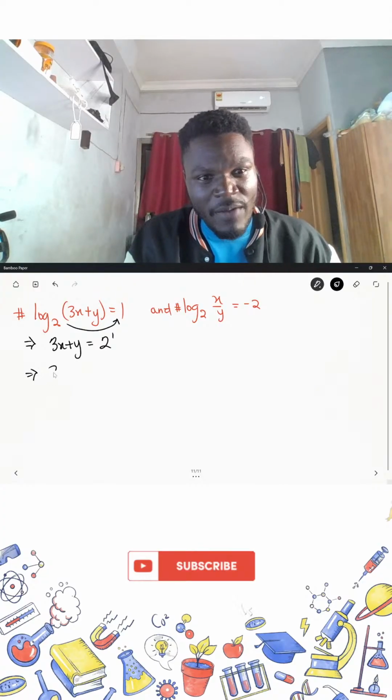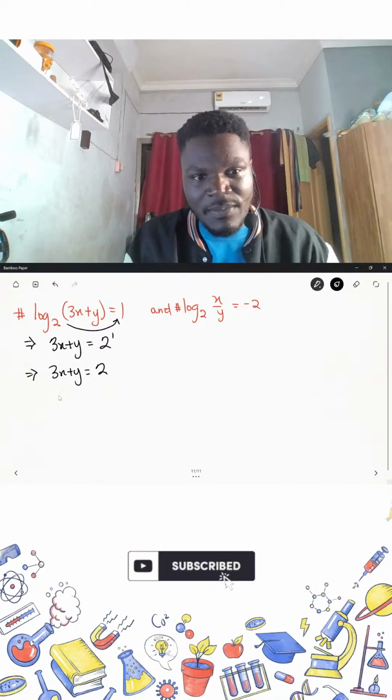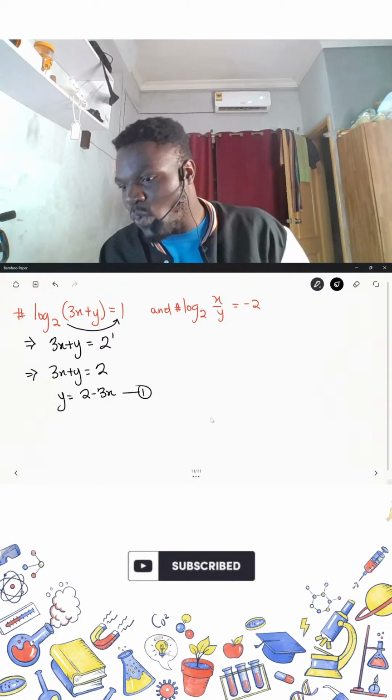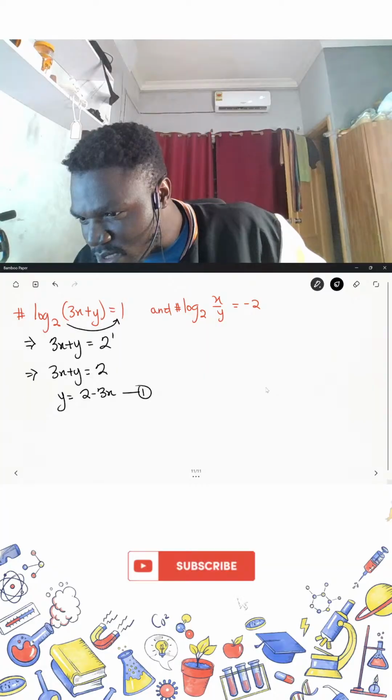So 3x plus y is equal to 2. And if I want to make y the subject, y will be equal to 2 minus 3x. So this becomes my equation 1.